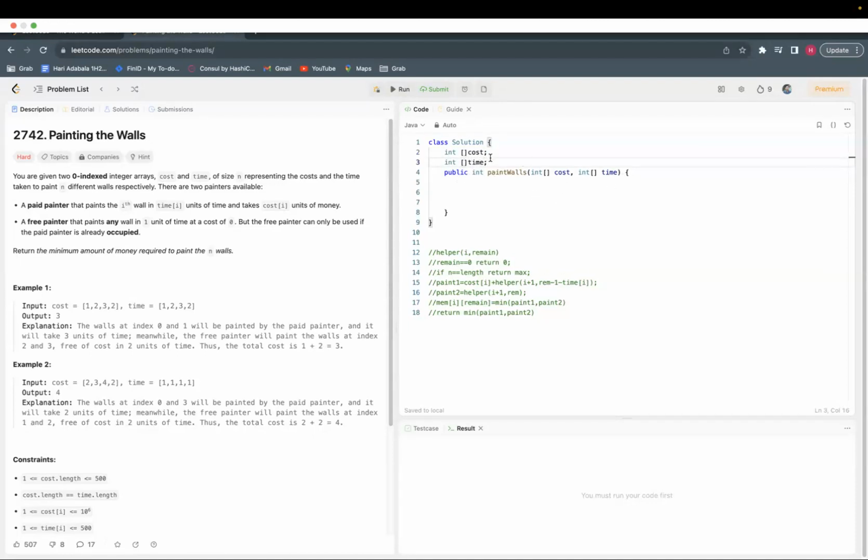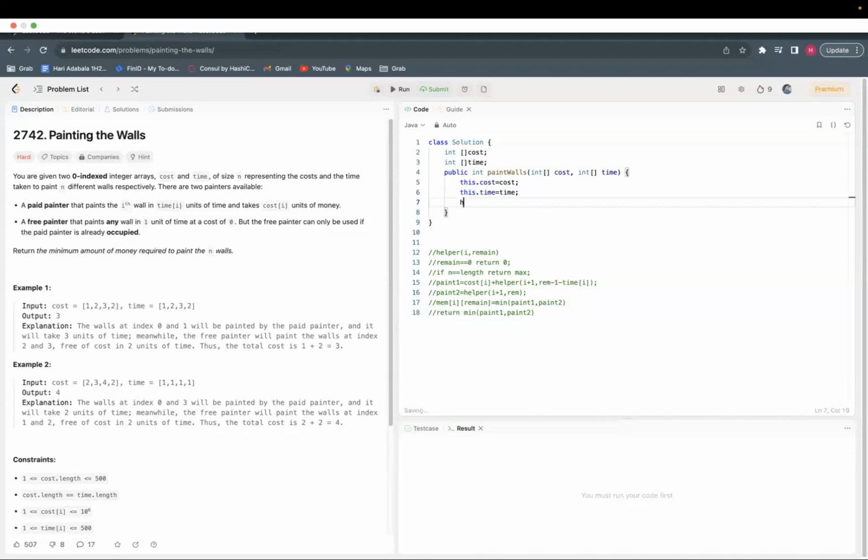So I'm just initializing it here so that we don't need to send this cost and time in the recursive functions. This dot cost will be equal to cost. This dot time will be equal to time.